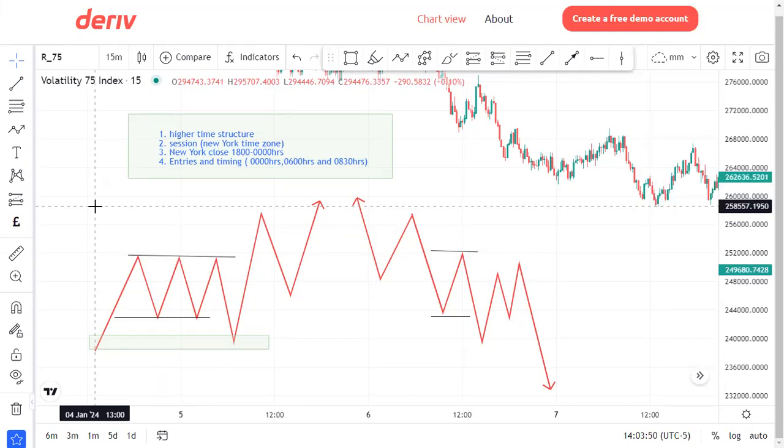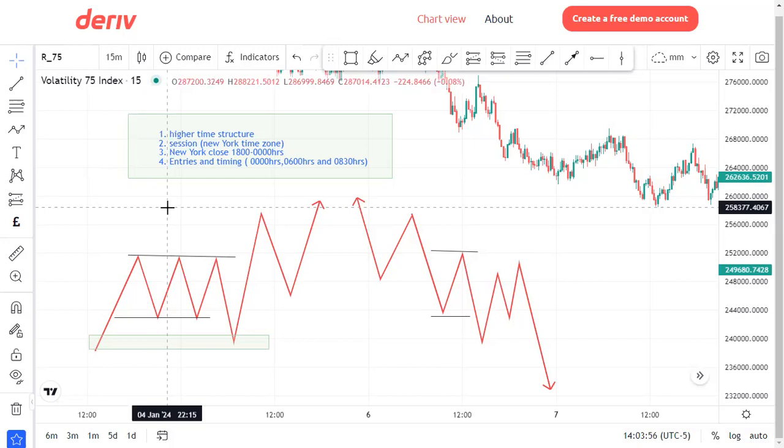After you mark your higher time frame market structure, the next thing I want to talk about is sessions. What people don't tell you is that Deriv is like any other market. It has sessions, whereby you have an Asian session, a London open, and a New York session.